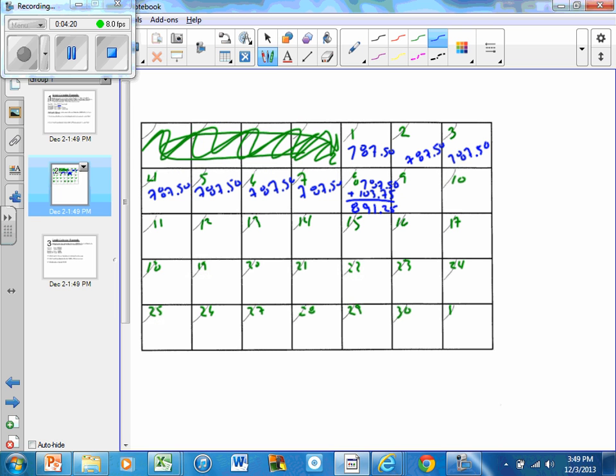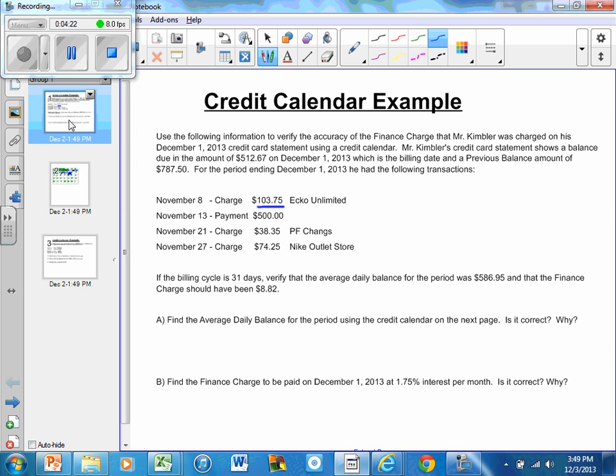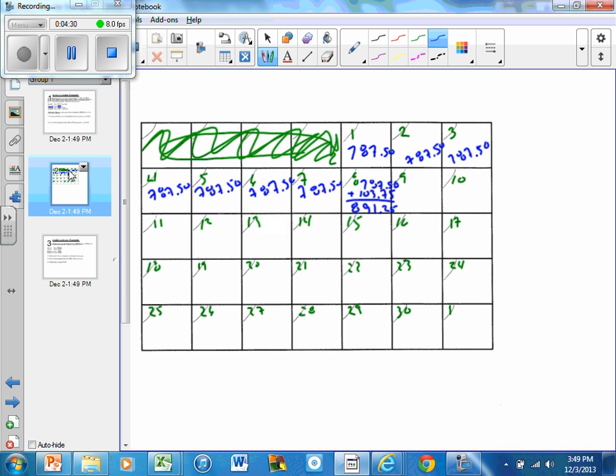Now, if we look back at our transactions, we have a payment, but not until November 13th. On November 13th, we pay $500. So if we go back to our calendar, on November 13th, we're going to subtract $500 from our balance because we made a payment.